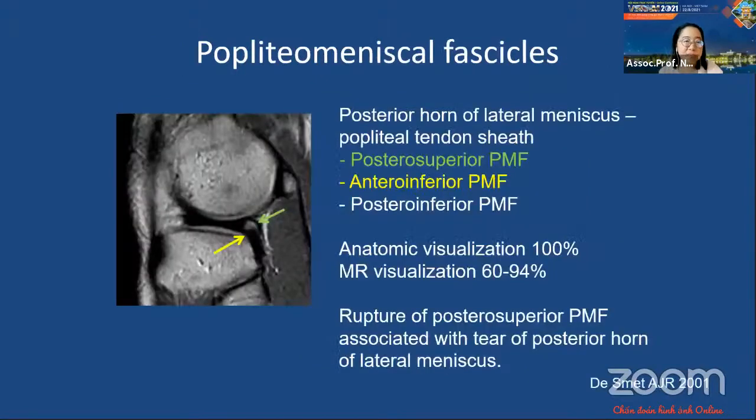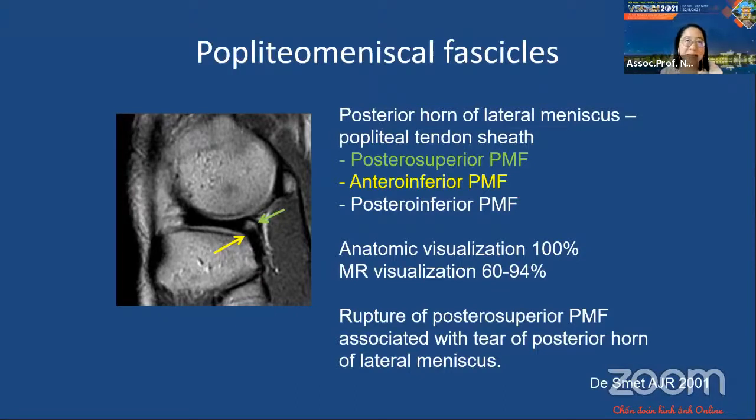Let's move forward to the popliteomeniscal fascicle. It's running from the posterior horn of the lateral meniscus to the popliteus tendon sheath. You will usually be able to identify the posterosuperior and anteroinferior bands, and sometimes you can identify the posteroinferior band.